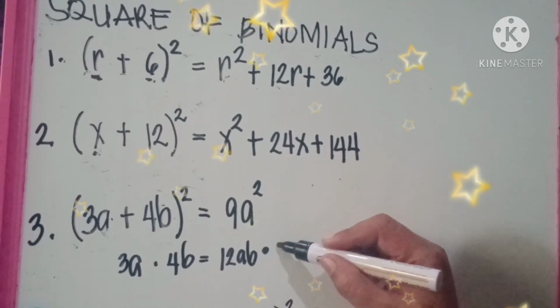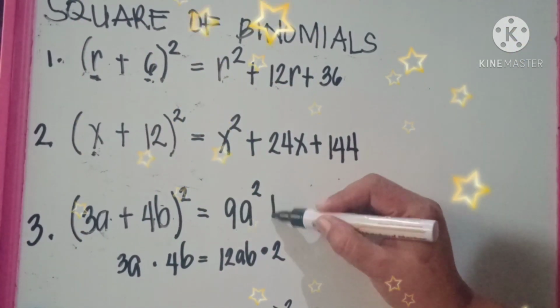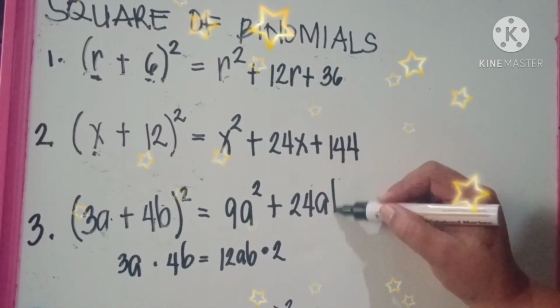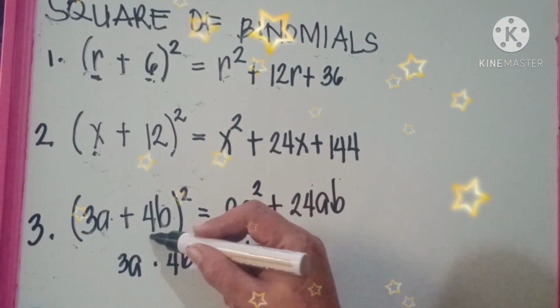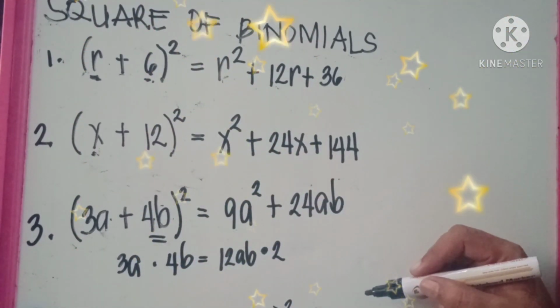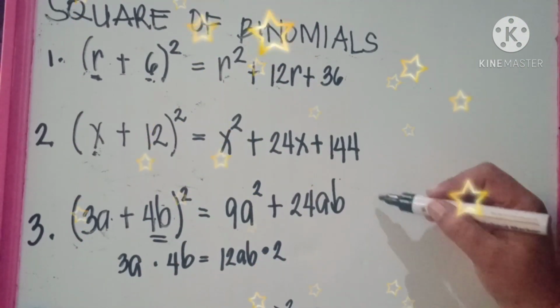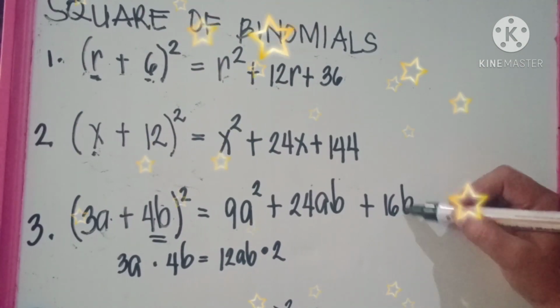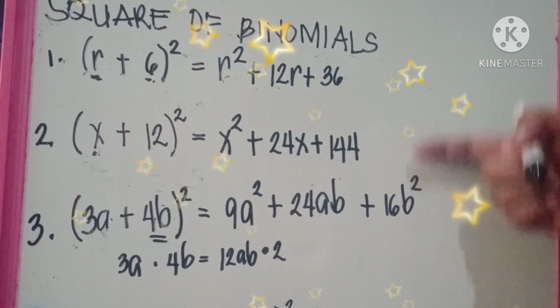Then, multiply this by 2. So, the answer now is 24ab. Then, for the last term of the product, just multiply 4b by itself. So, that is 4b multiplied by 4b. The product is 16b squared.